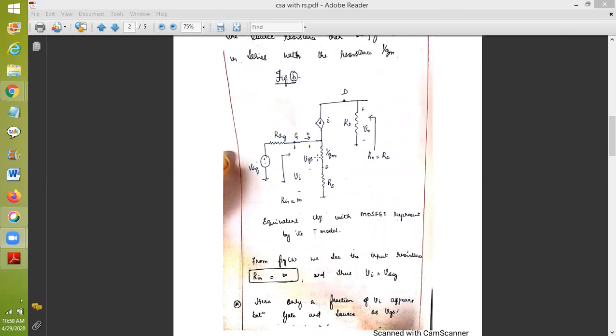Very, very important. In the T model, I repeat, you connect the input source at the gate terminal, show the dependent source at the drain terminal, and show 1 by gm at the source. This corresponds to the T model. Very, very important.